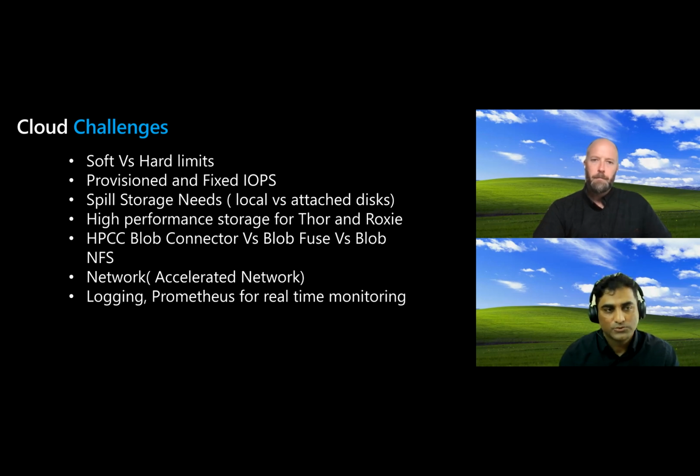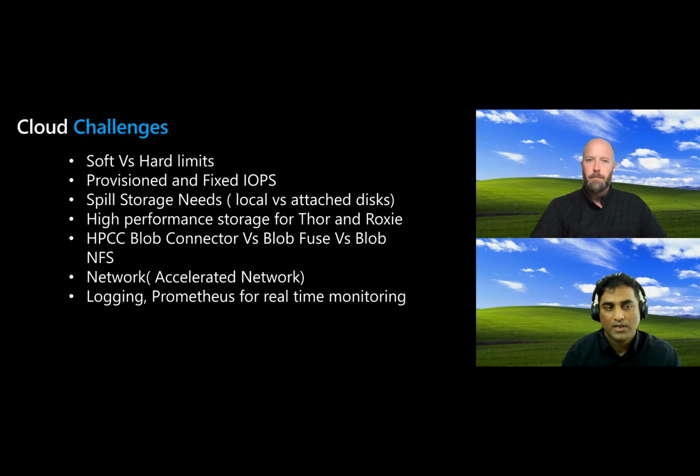The other thing that we saw as a challenge was spilling locally. When you run an HPCC job, like a sort job, if it doesn't fit into memory, it tends to spill to local disk. So you have to pick a disk or SKU that is optimized for that job, like the L or D series, which have super fast disks.